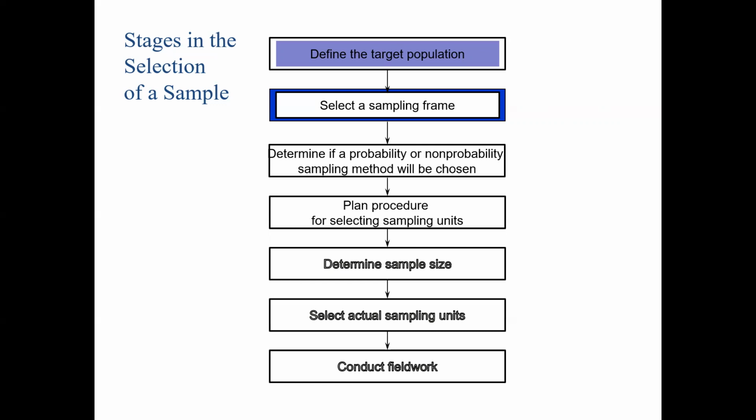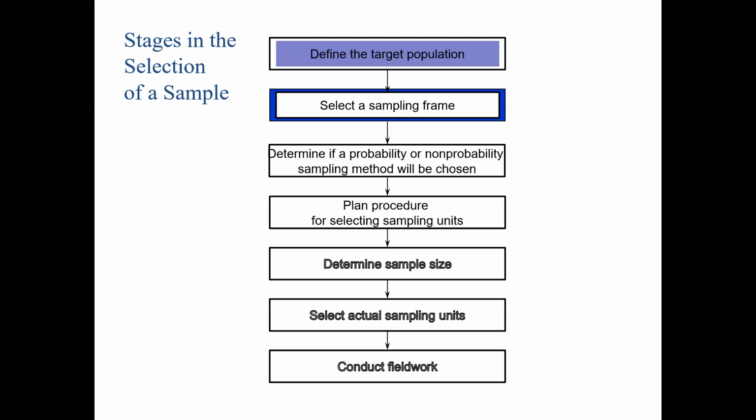Now, once you have defined the target population, start making a sampling frame, a source list of those population elements. Once this sampling frame is ready, start selecting what type of sampling design method you are going to choose. It may be probability sampling, it may be non-probability sampling.